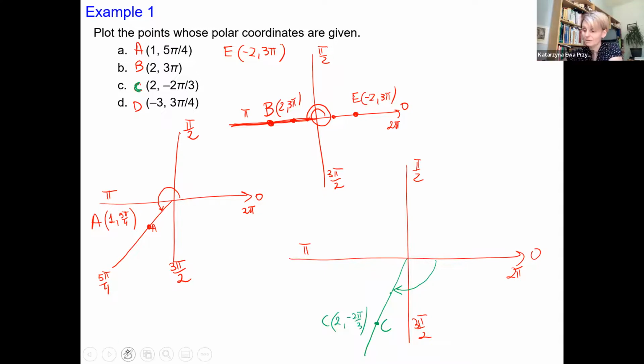Okay, what about D? D has a negative distance. Everybody is trying to answer my question. In which quadrant will we plot point D? -3, 3 pi over 4.